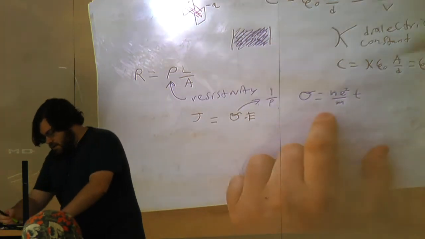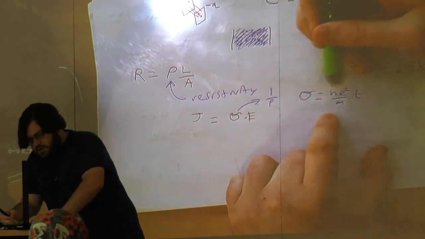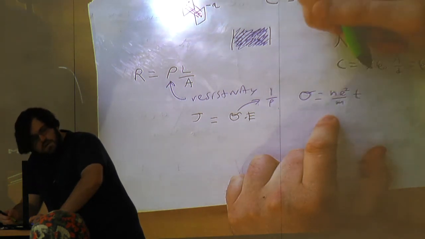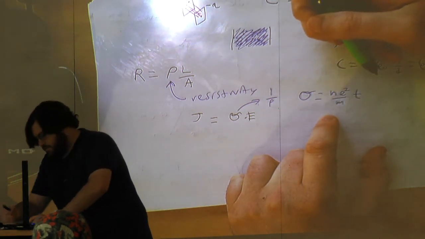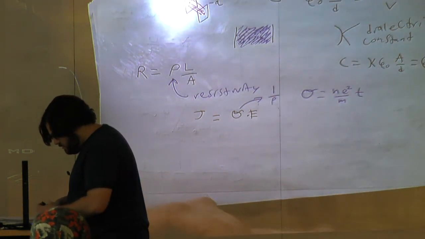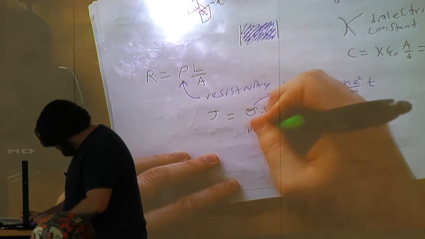All right? Number of charge carriers, charge of charge carriers, distance, time, okay? And if we plug that into this equation, we get this.